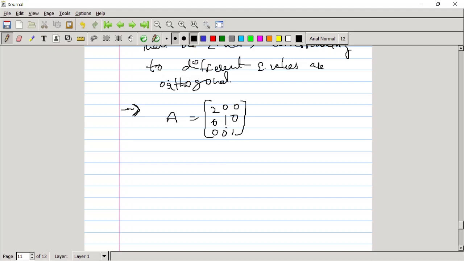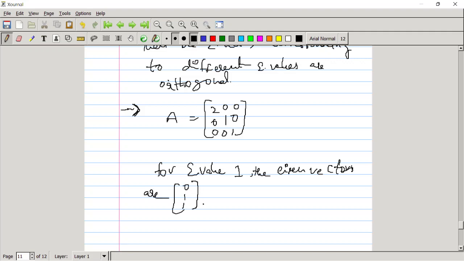For the eigenvalue 1, we have the eigenvectors 0 1 1, which is one eigenvector, and another vector 0 0 1.